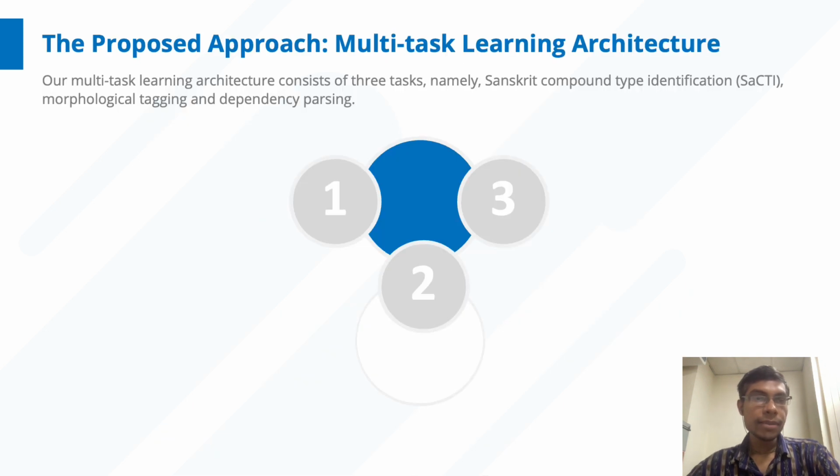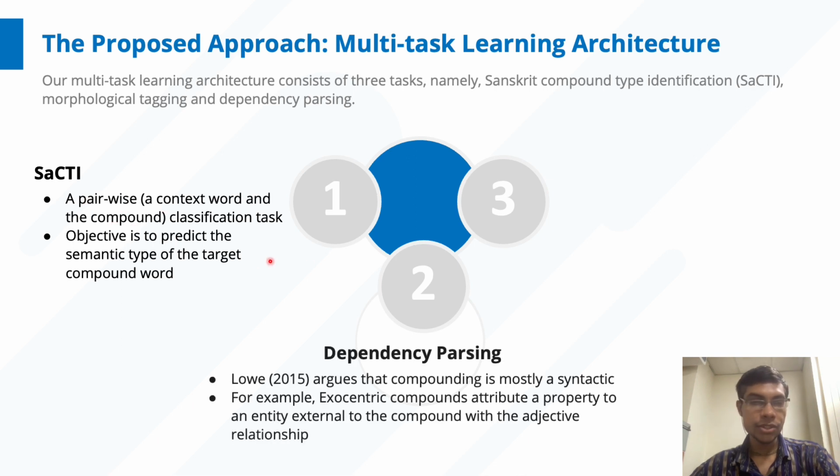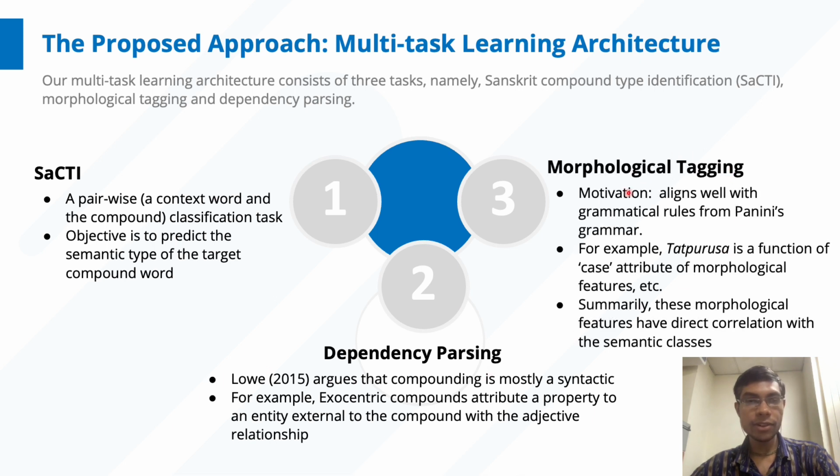Our proposed approach is a multitask learning approach. There are three main components. The first one is the classification component, where pairwise classification is done between the context word and the compound word. The next one is the dependency parsing component, and the third one is morphological tagging. For dependency parsing, it was proposed that compounding is mostly syntactic.